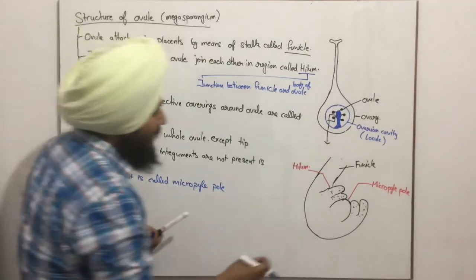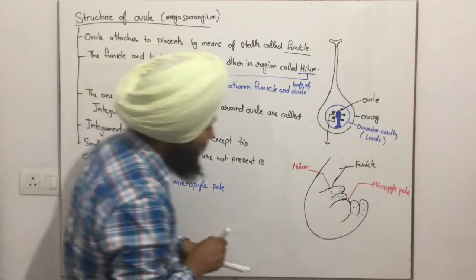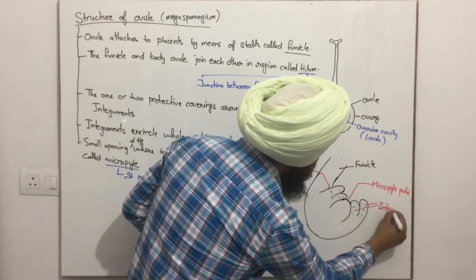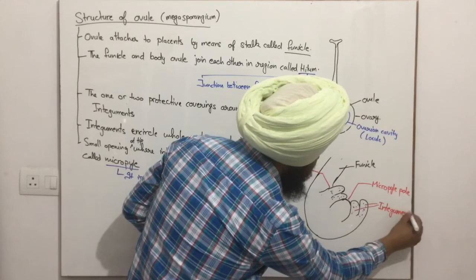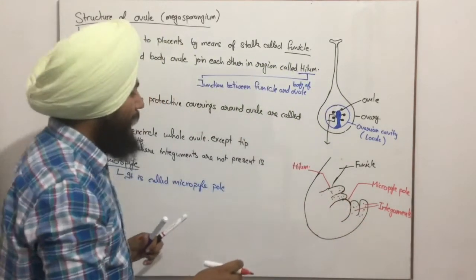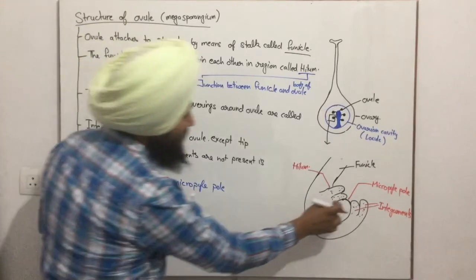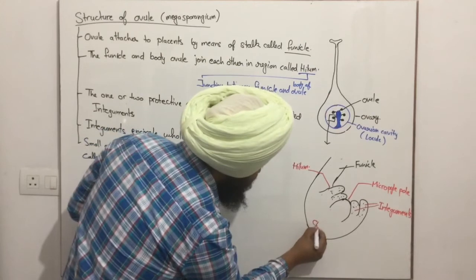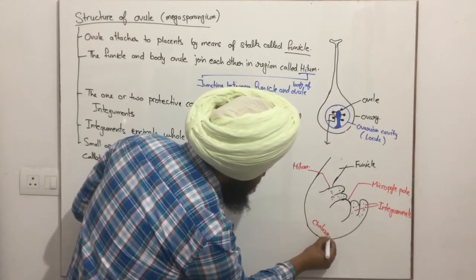And now these are the integuments, okay, and these integuments encircle the whole ovule. Now this is the micropyle end, and opposite to the micropyle end is the chalaza, okay.